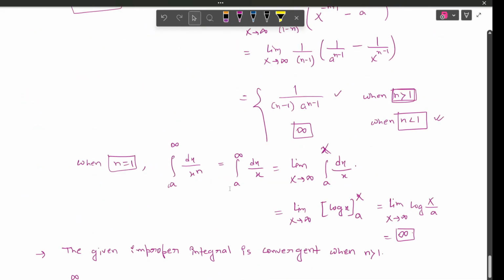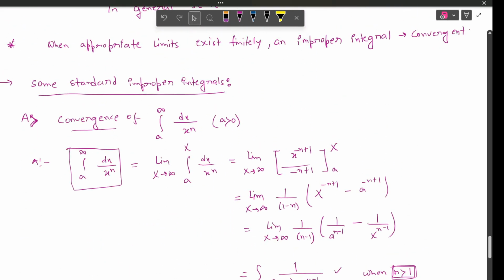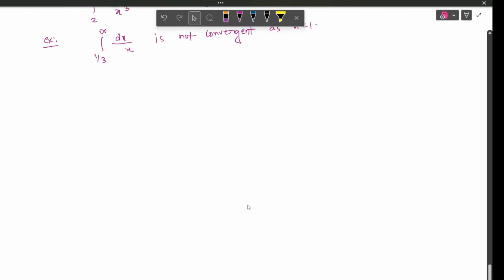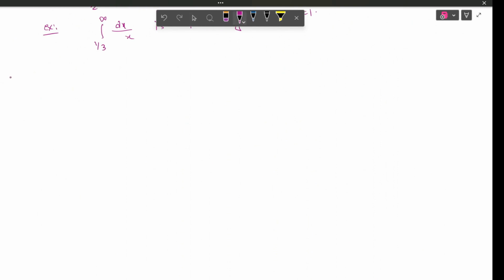Okay, so this is our A. Let's see B. If we talk about B, convergence of the integral from a to b of dx by (x minus a) to the power n, where n is greater than 0.